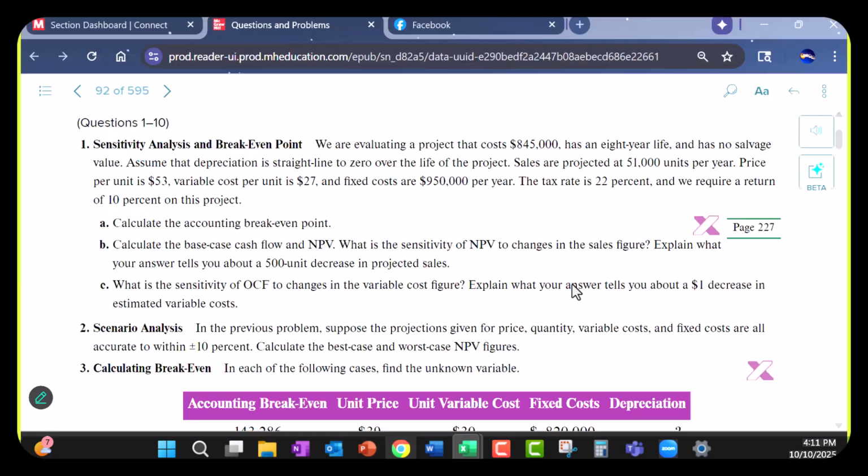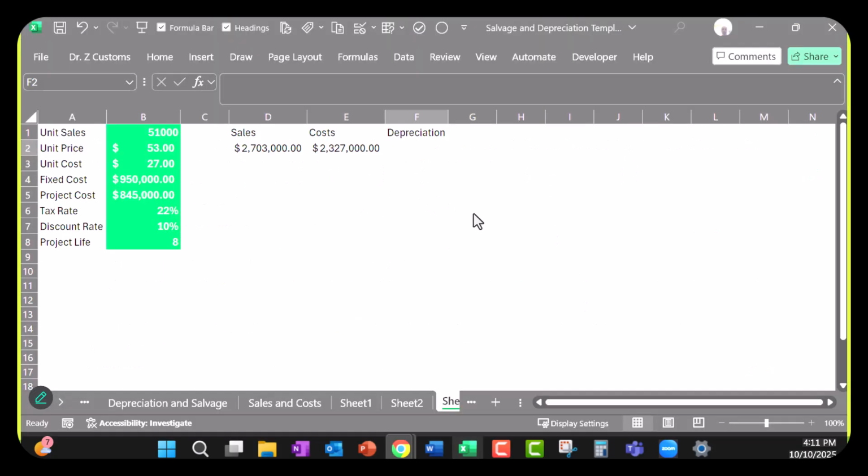Depreciation is straight line to zero. So take the project cost divided by project life. That means net income, since everything is same across the years, all I have to do is calculate it just for 1 year.